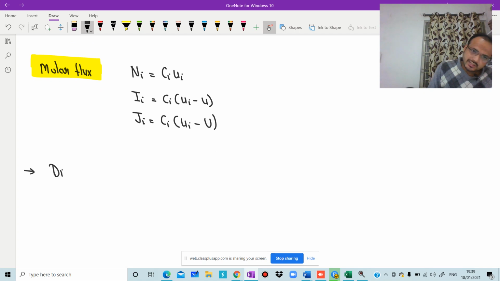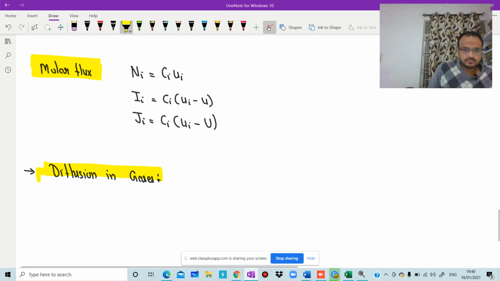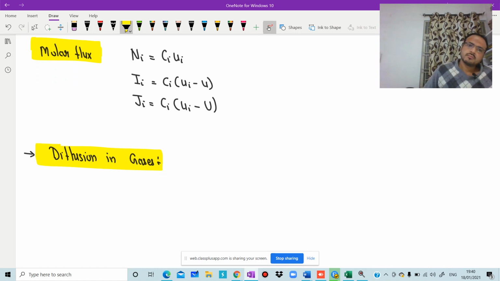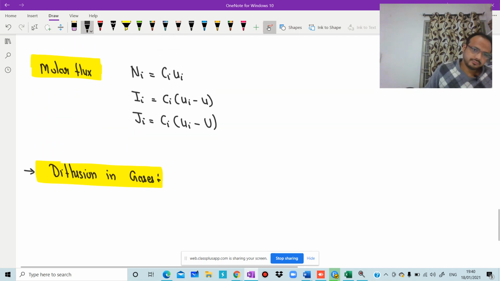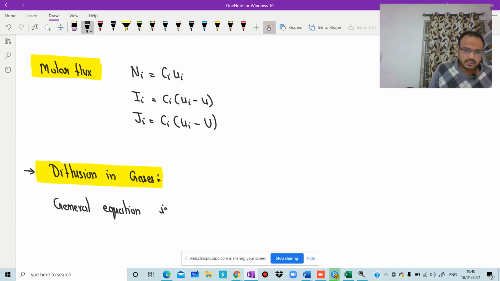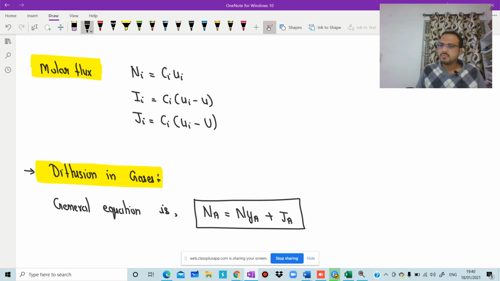Next is diffusion in gases. The general equation is Na is equal to N into Ia plus J. At the time of mass transfer, we explained this equation with three methods: one derivation, one with the help of the fish example, and one more method.